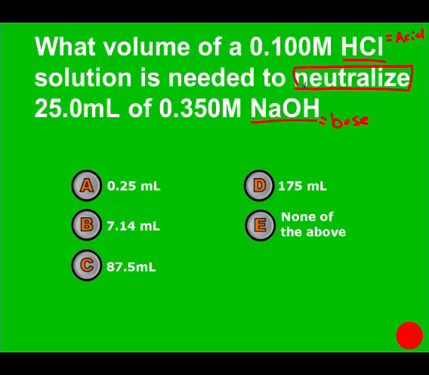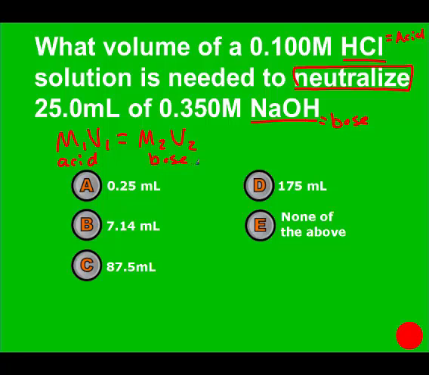And as long as it's a 1-to-1 ratio, we can still use the equation M1 times V1 equals M2 times V2. We'll put all of our acid information on one side and all of our base information on the other side. So it's very similar to what we were doing before. The only difference is now we have an acid on one side and we have a base on the other.